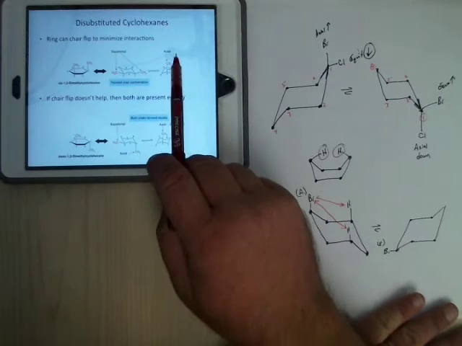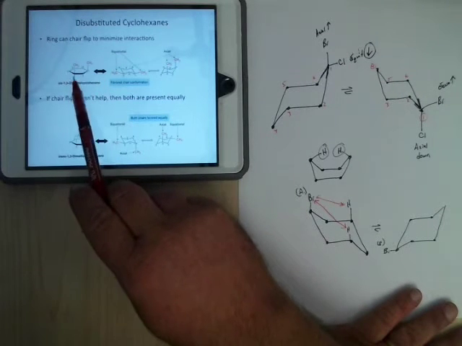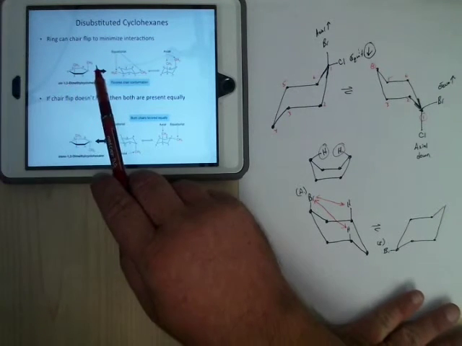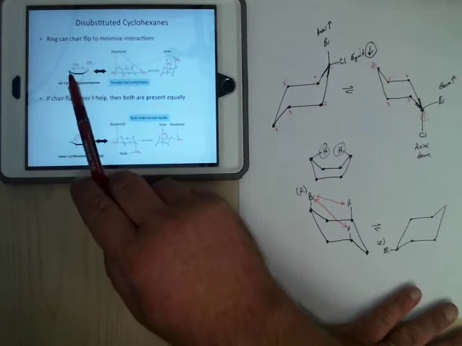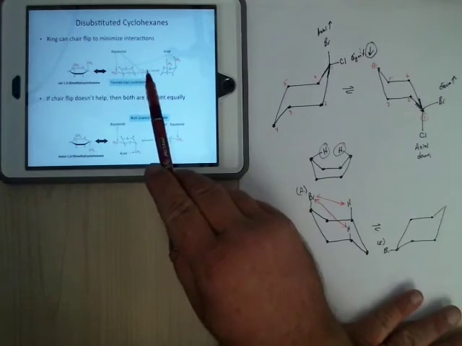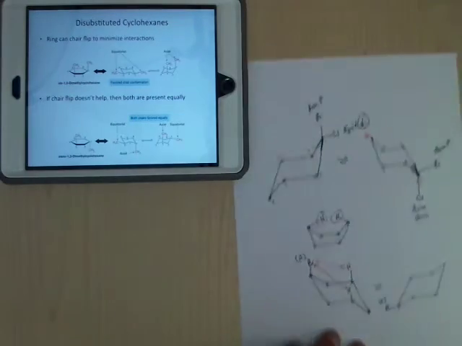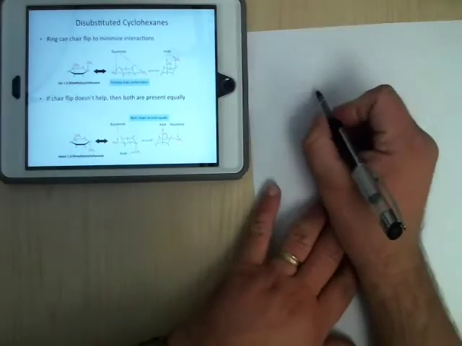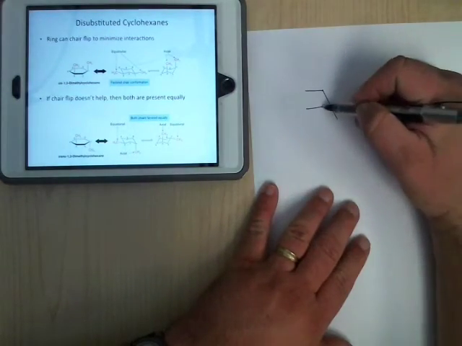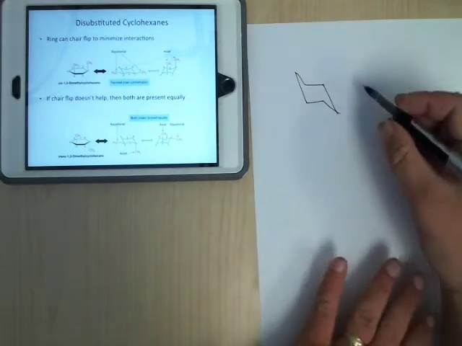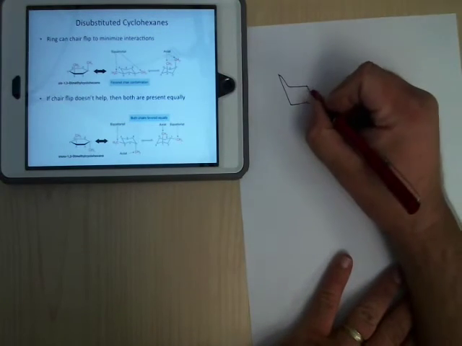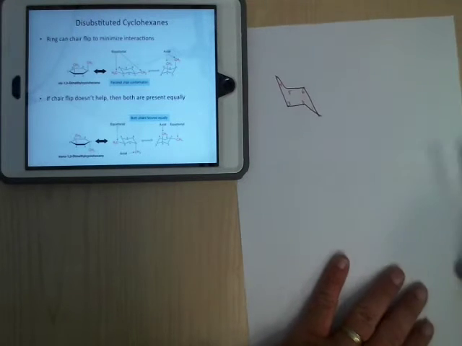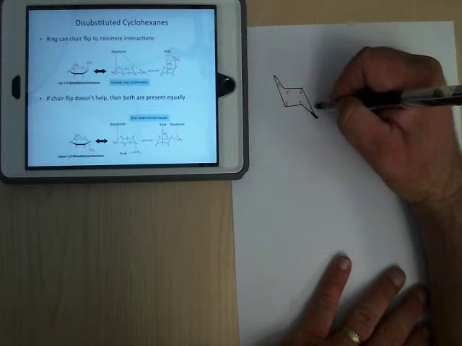But the problem comes with disubstituted things. If you have cis-1,3-dimethylcyclohexane, they're both going to be up. So we're going to say this is 1, 2, 3, 4, 5, 6.